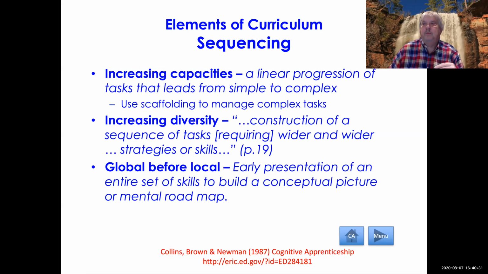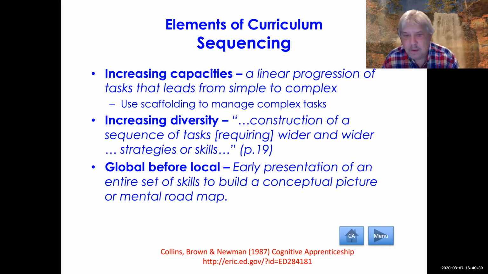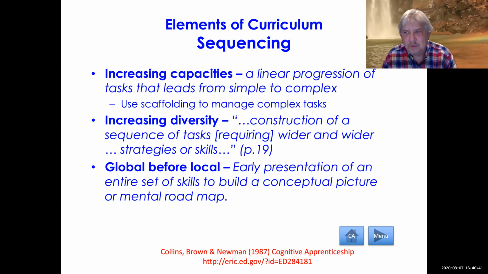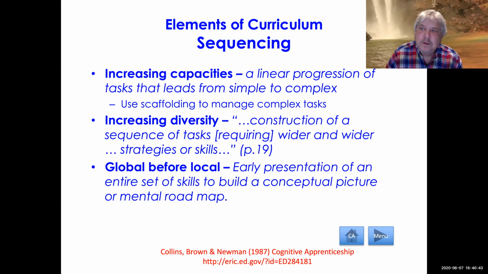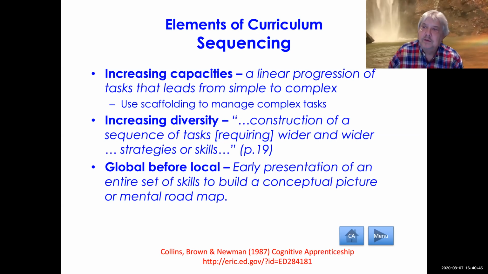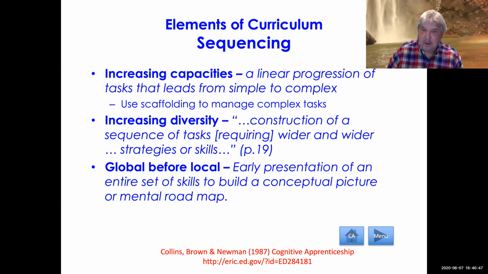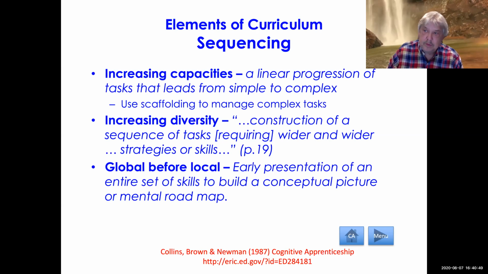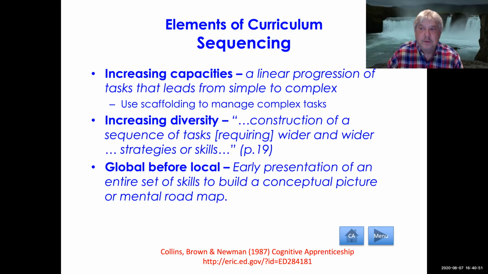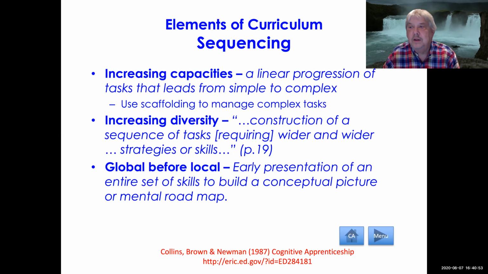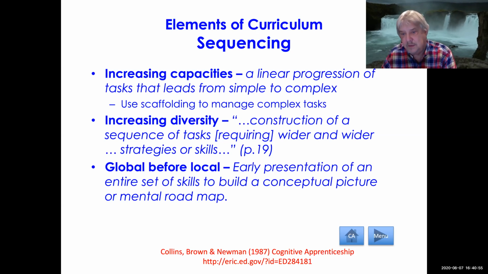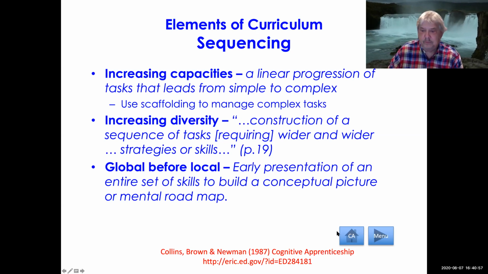Remember we said that people's minds are about meaning making, and so people want to know why they're learning something. So part of the skill of teaching is to give this global overview: this is where we're going to go, this is what it's about, and then fill in the details as you go along.